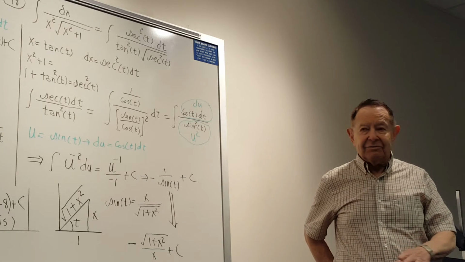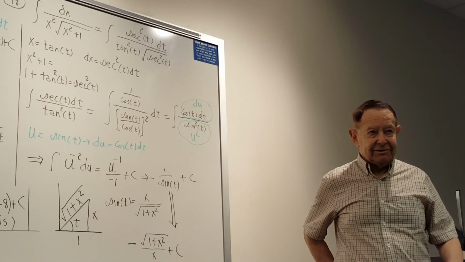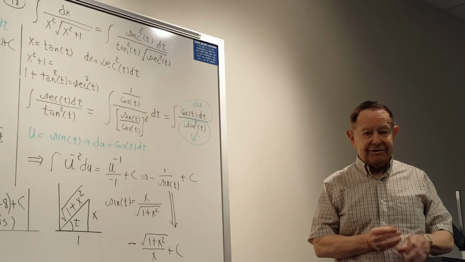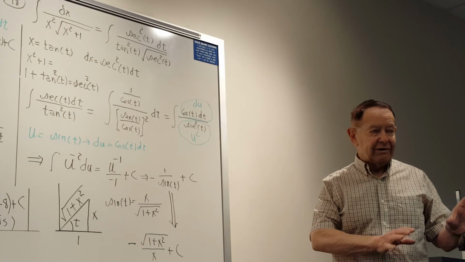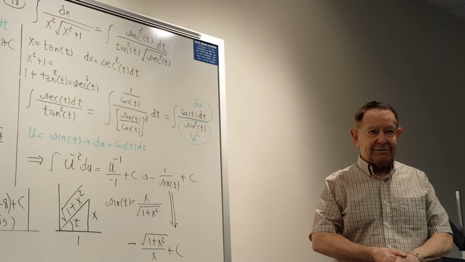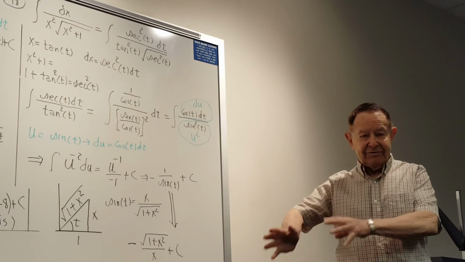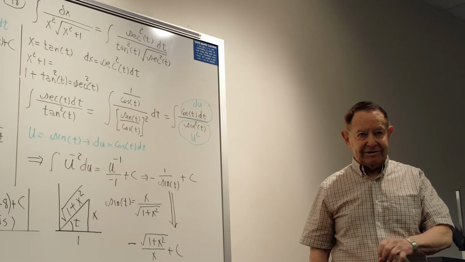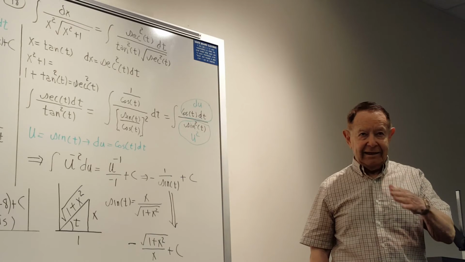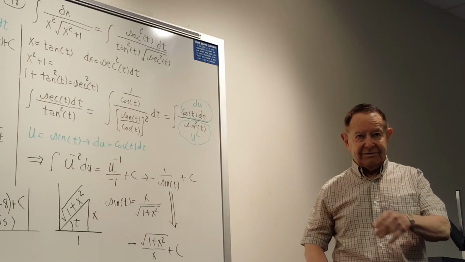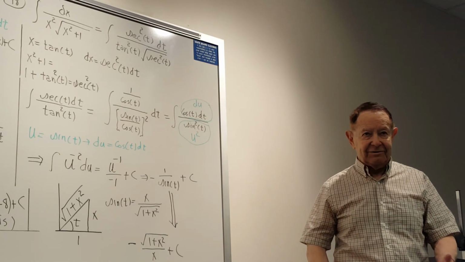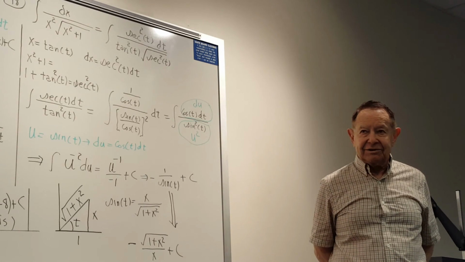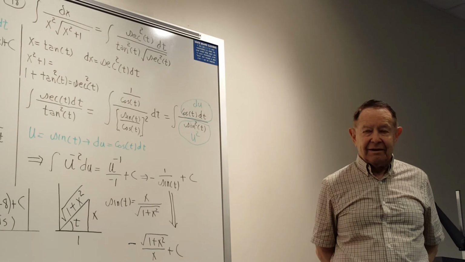The way that you do that type of thing, as you'll see tomorrow, is to rewrite your original fraction, which was 1 over x plus 1 times x plus 2, as a sum of two fractions, each of which has one factor as its denominator. So A over x plus 1 plus B over x plus 2. So then you have to figure out the A and the B. And those are what you call partial fractions.